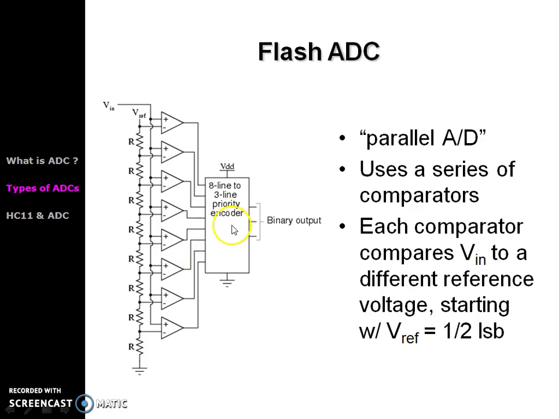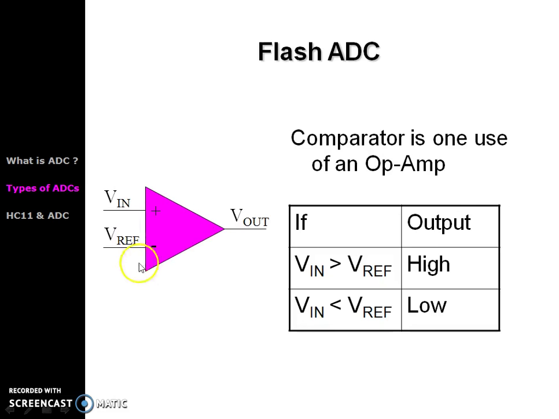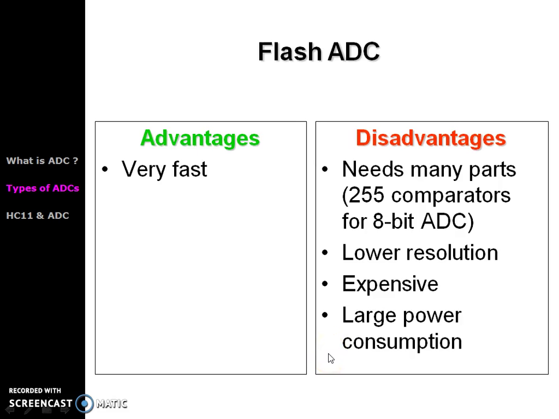This priority encoder will encode these inputs to a 3-bit binary output, and this binary output is treated as the equivalent value for the given input signal Vin for this flash type ADC. This is the action of a comparator: when Vin is greater than V reference, the output will be high, and when Vin is less than V reference, the output will be low.